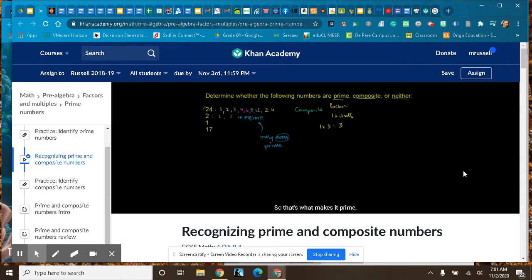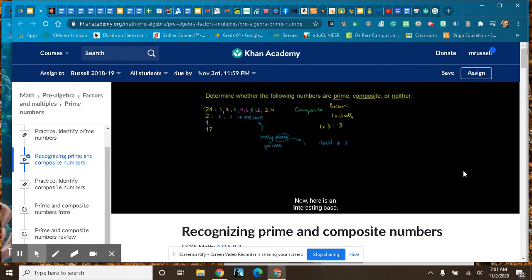So that's what makes it prime. But any other number that is even is going to be divisible by 1, itself, and 2. So by definition, it's going to have 1, itself, and something else. So it's going to be composite. So 2 is prime. Every other even number other than 2 is composite.